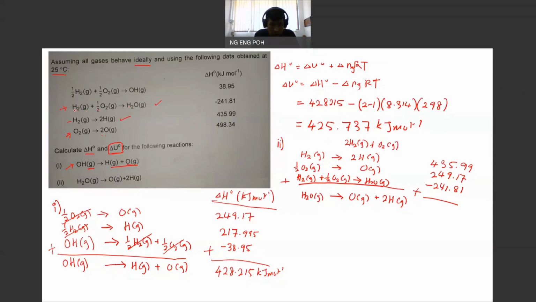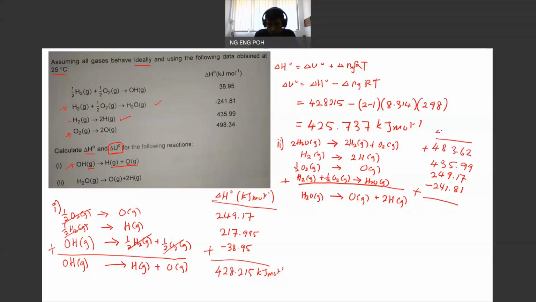So you need to multiply by 2 and then shift the direction, so it will become 2H2O gas. Negative, then you put the positive, 241.81 times 2, so you'll get 483.62.